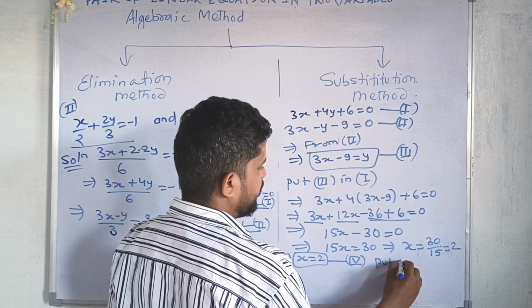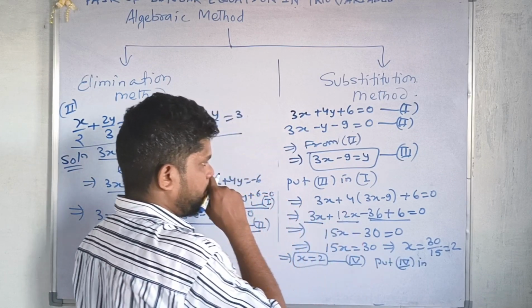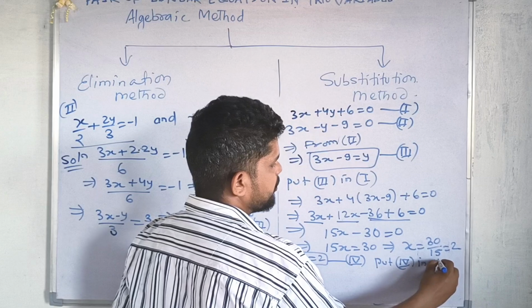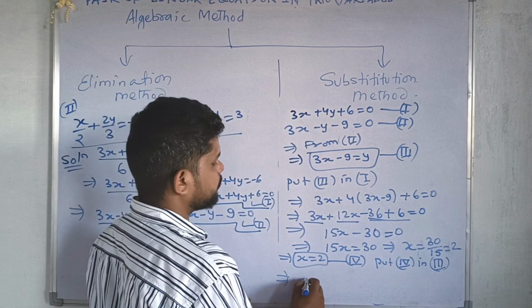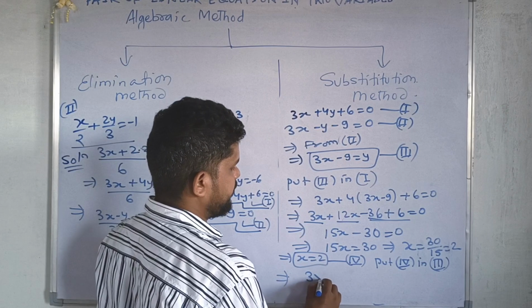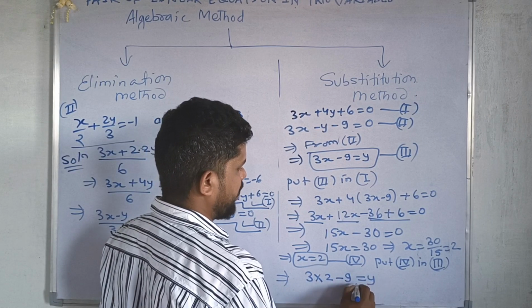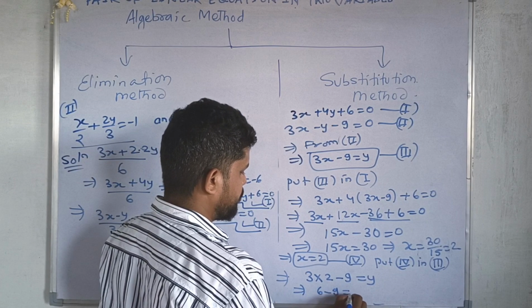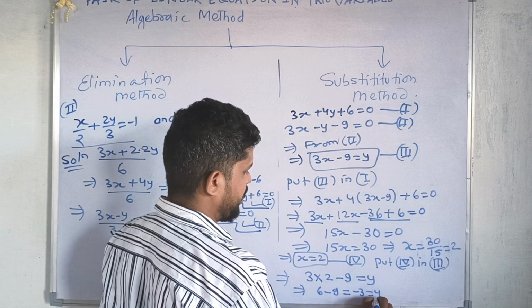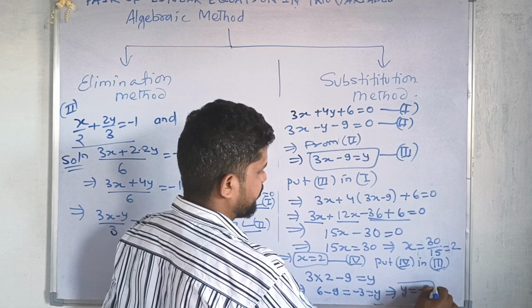Put equation 4 in equation 3rd. Here the value will be equal to 3 into 2 minus 9 is equal to y. This is 6 minus 9, which is minus 3 is equal to y. This shows that the value of y is minus 3.